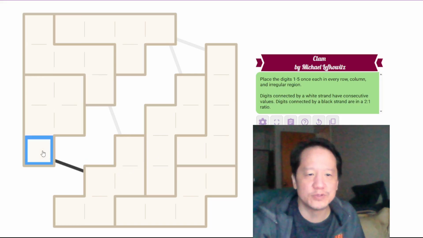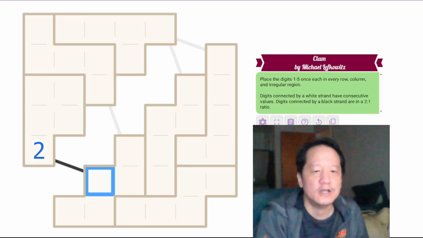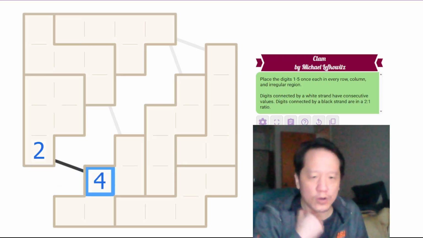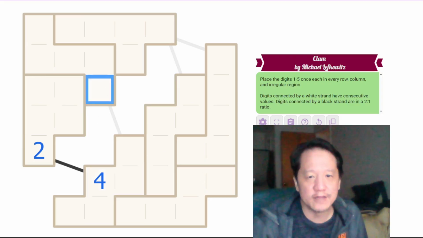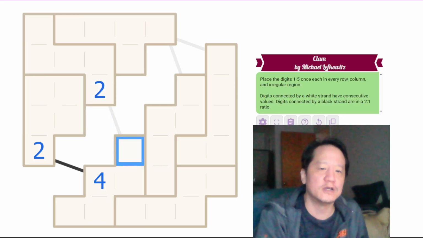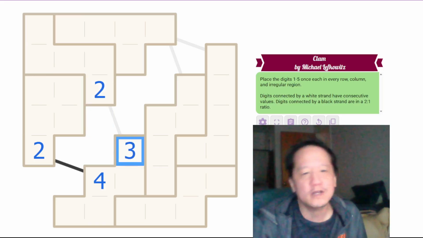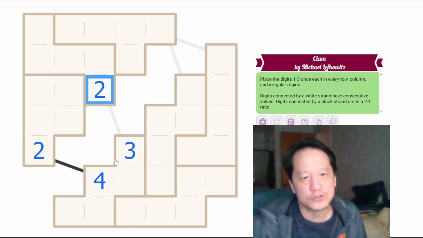So for example, say this was a 2 here, then this would have to be 1 or 4 to maintain the 1:2 ratio between them. And if this were a 2 here, this would have to be 1 or 3 to be consecutive with the 2 in this cell.